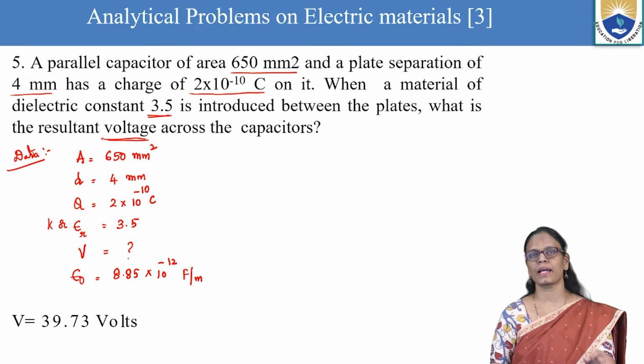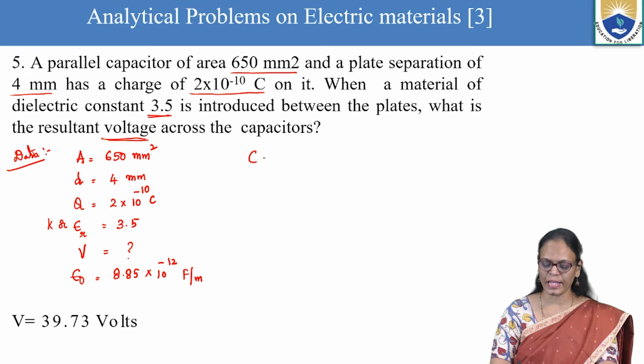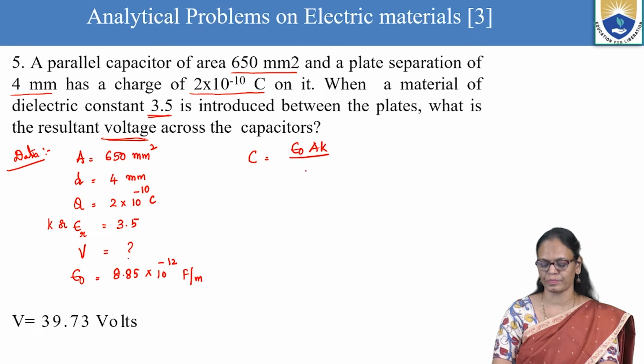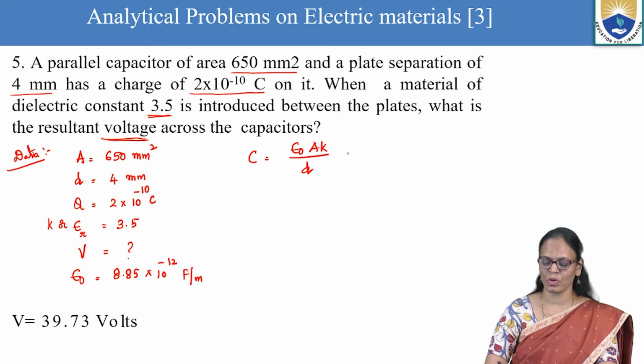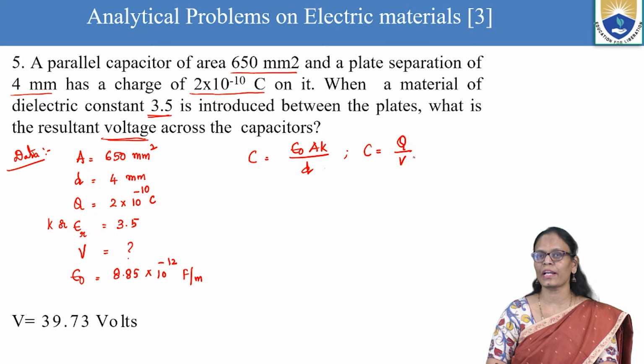So now let us write the formula. C is equal to epsilon naught AK by D. But what we have to find here is the voltage. So we will use the other formula for C, as C is equal to Q by V. We can equate these two.